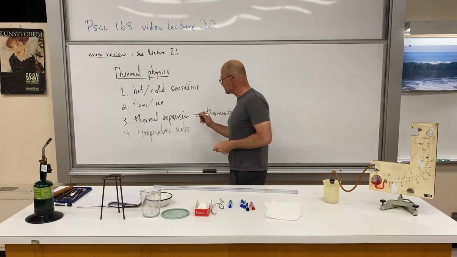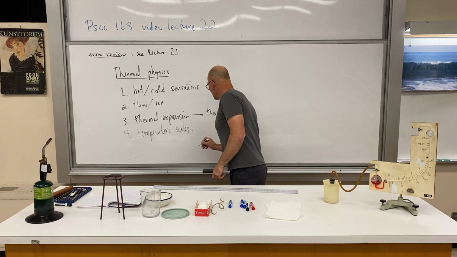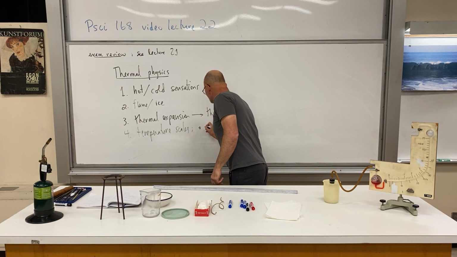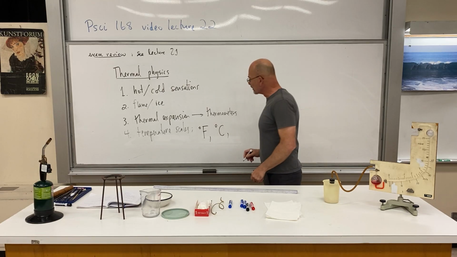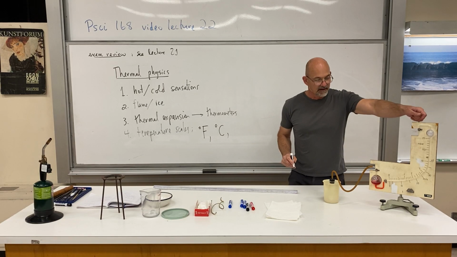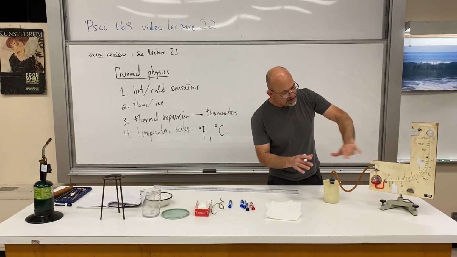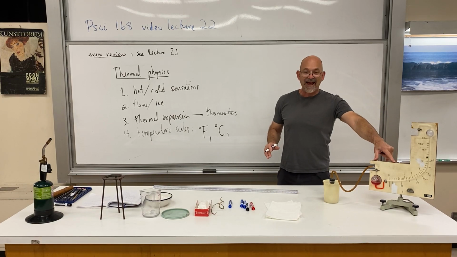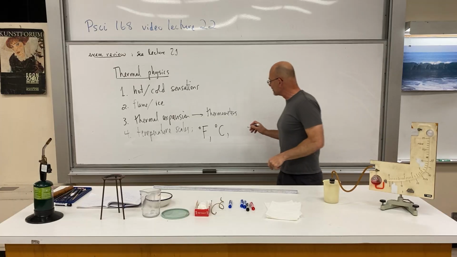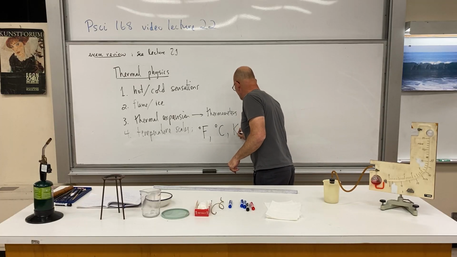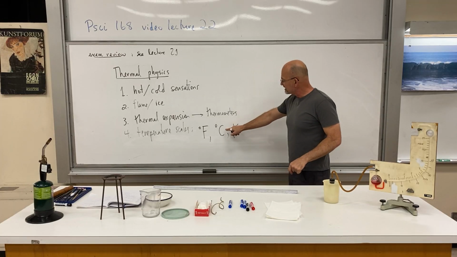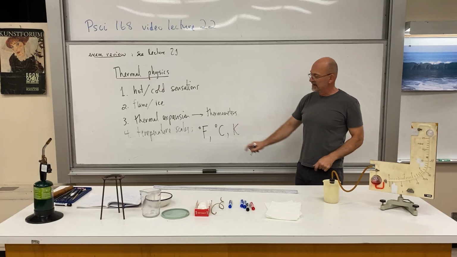So we get those temperature scales, and we had degrees Fahrenheit, degrees Celsius, and the third scale that I introduced with a discussion of this gas thermometer here was the Kelvin scale. Okay, so Fahrenheit, Celsius, Kelvin.